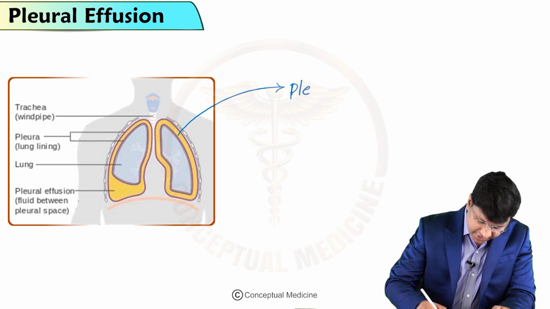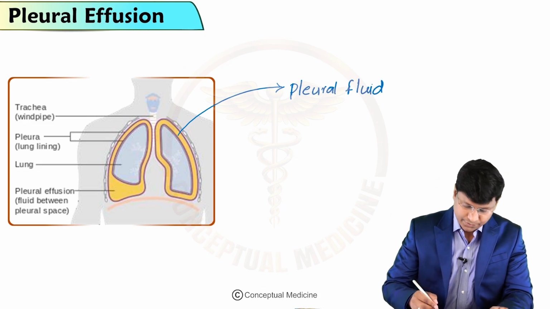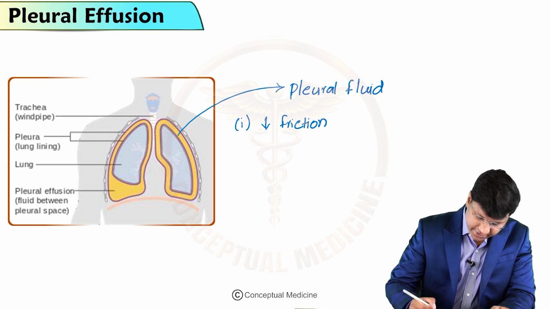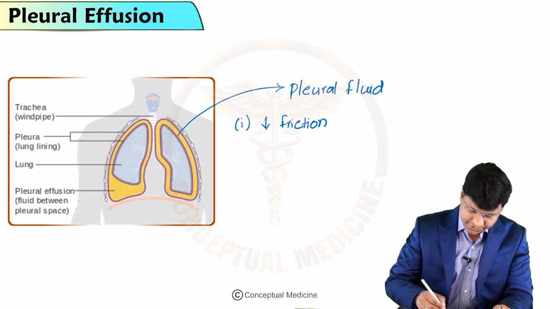And what is the function of this pleural fluid? The function of the pleural fluid is to reduce the friction between the parietal pleura and the visceral pleura. That is one function.